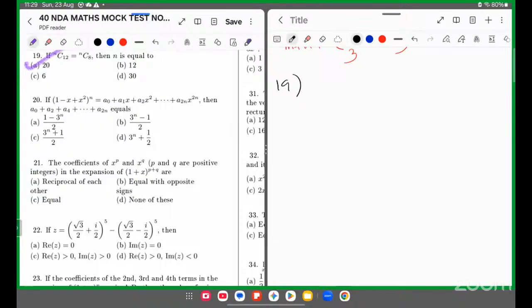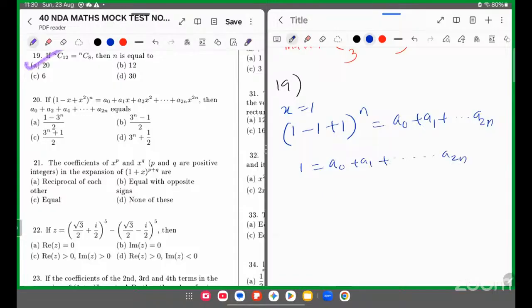If you put x equal to 1, 1 minus 1 plus 1, the whole raised to n becomes A0 plus A1 plus etc. up to A2n. That means the 1s cancel. So 1 equal to A0 plus A1 plus etc. up to A2n.